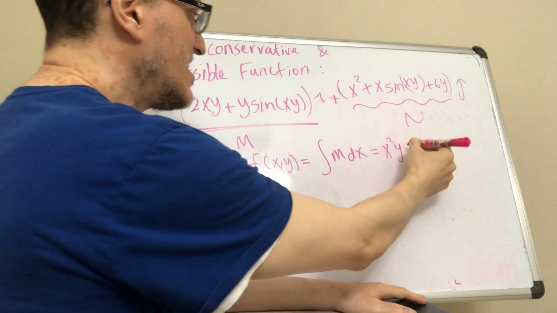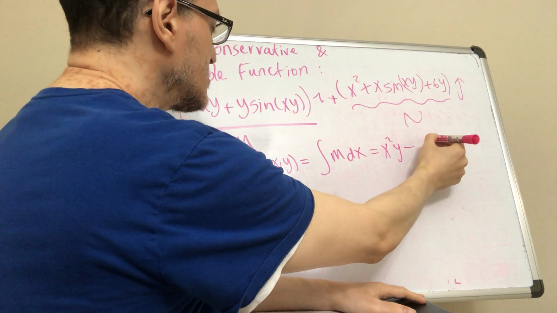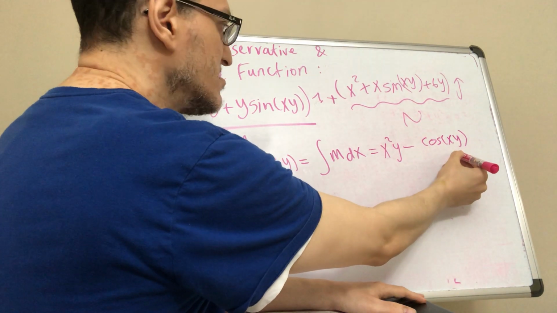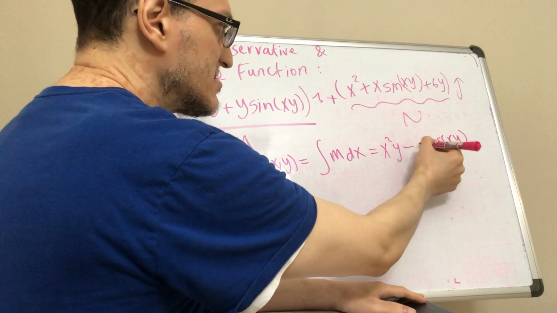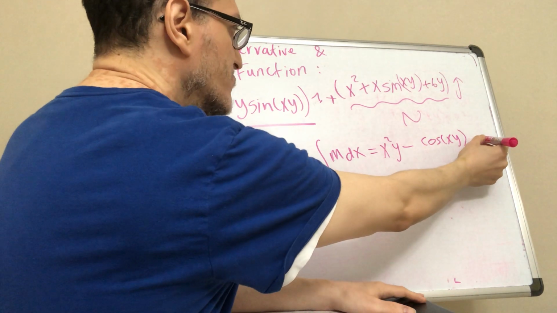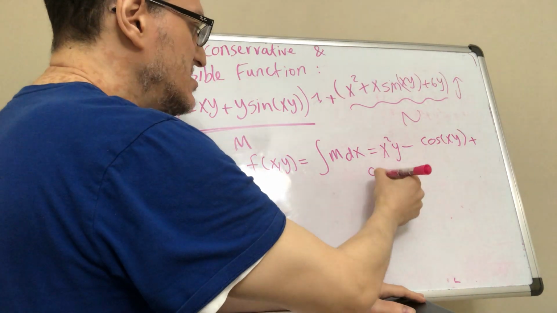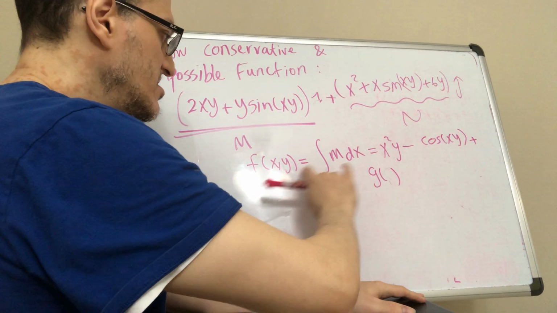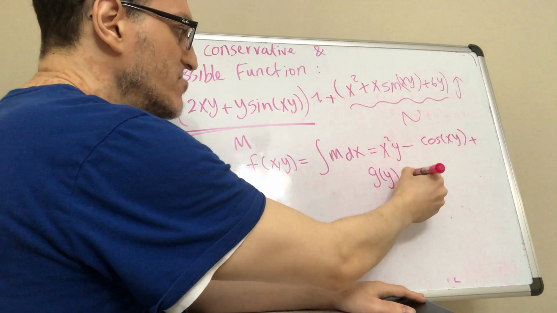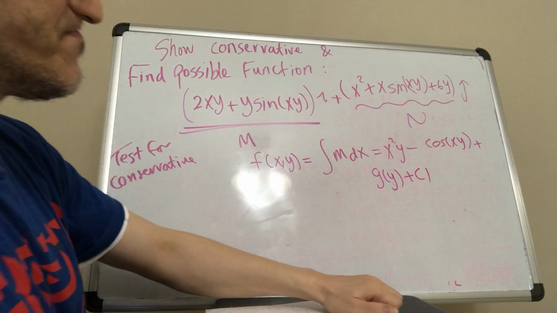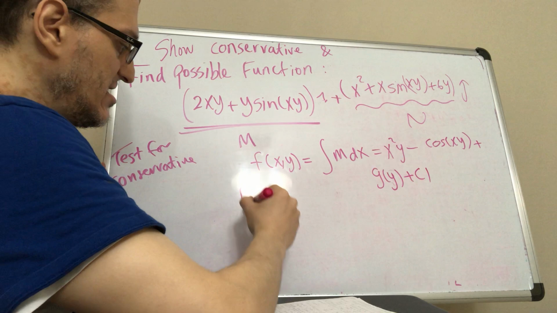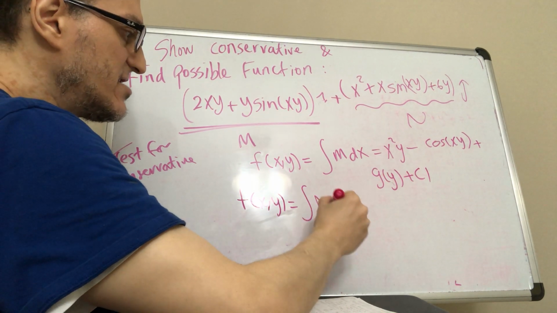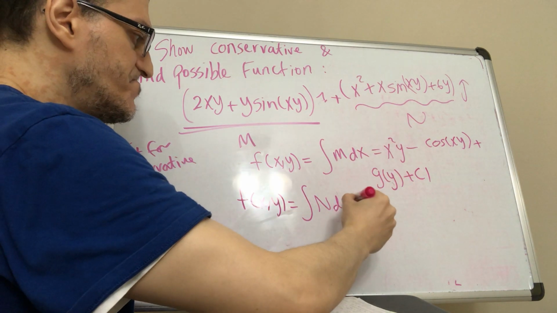Integrating this would be minus cosine xy over the constant y, but it cancels with the other y, plus a g function in terms of the other variable, which is y, plus a constant. I call it c1. And you also say, I'm going to integrate N dy.